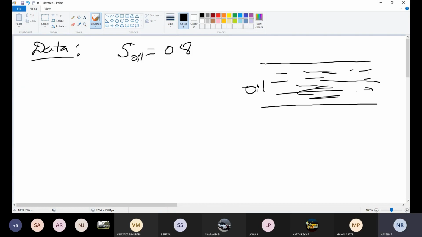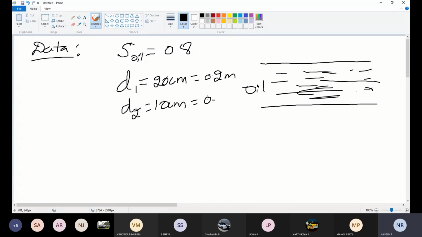Having an inlet diameter D1 is equal to 20 centimeter is equal to 0.2 meter, and the throat diameter D2 is equal to 10 centimeter is equal to 0.1 meter.